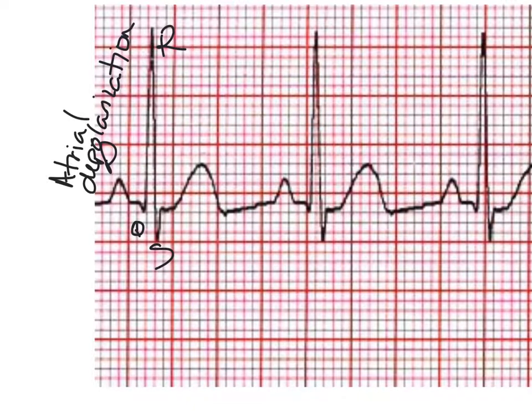We basically just bring them together, and the reason why is because there's no segment between them. If you remember back to our segment video, the segment is a line between waveforms, so this P wave and the Q wave have a segment in between them, which is why we separate them. But the QRS does not have a flat line in between them, so we just bring them together and form a large complex.